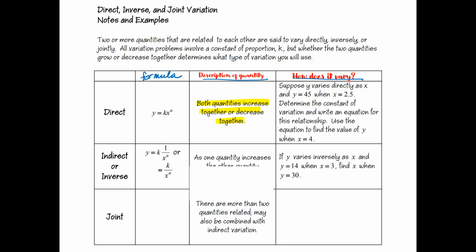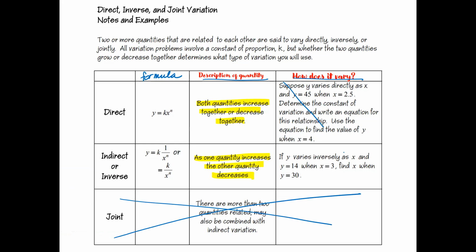The description of that is as one quantity increases, the other quantity decreases. And that's all you need to write down. We're not going to talk about joint, and you don't need to copy that part down.